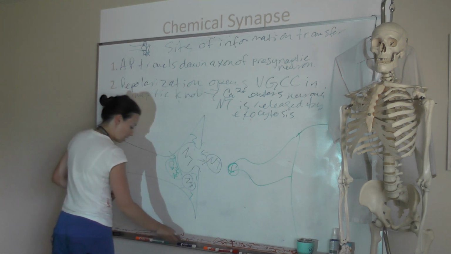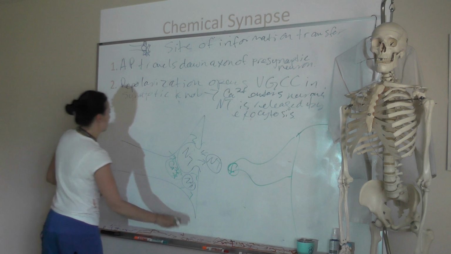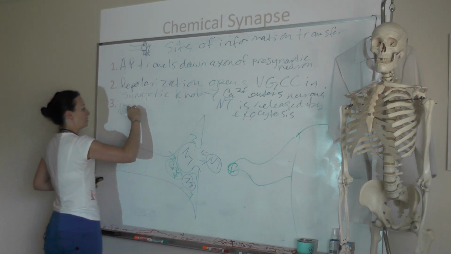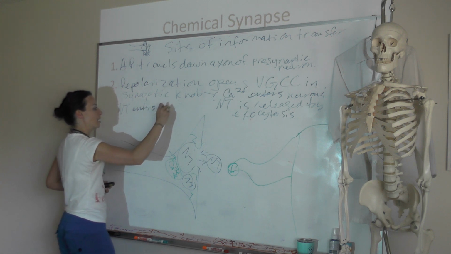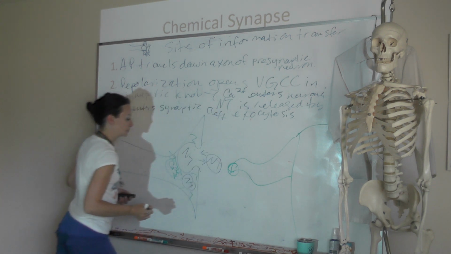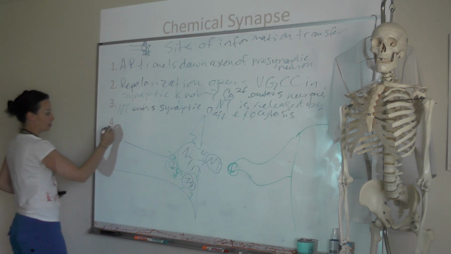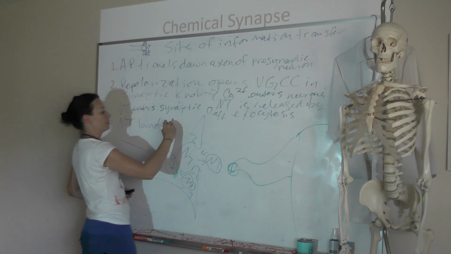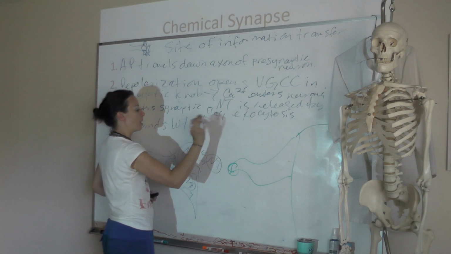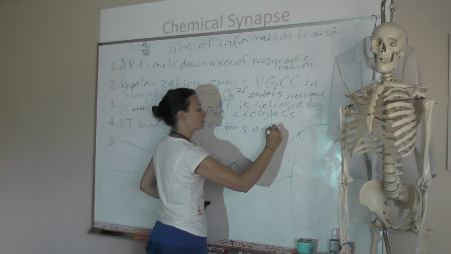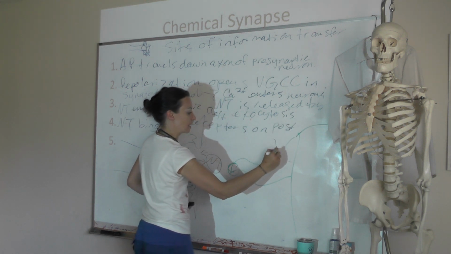So for stage 3, what we could say is happening here is that neurotransmitter enters synaptic cleft, it's going to bind with receptors on the postsynaptic neuron, which is this guy right here.